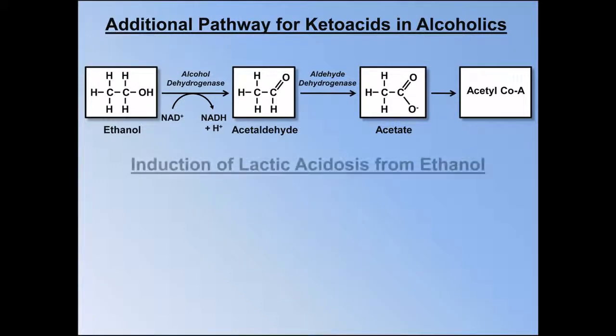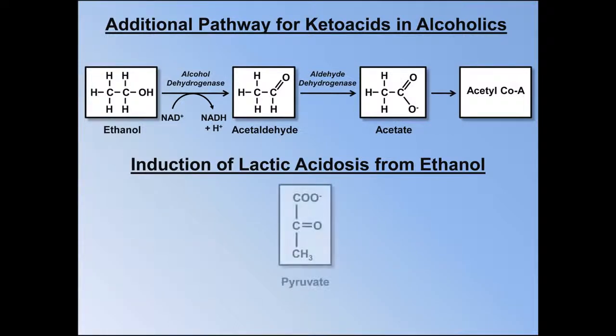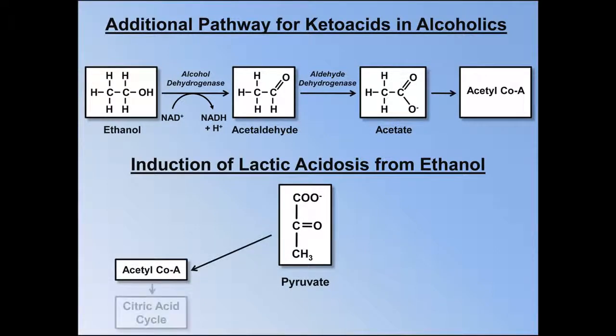There is an important connection here between ketoacidosis and lactic acidosis, which increases the propensity for alcoholics to develop the latter diagnosis. The connection concerns the possible fates of pyruvate. Pyruvate can either be oxidized to form acetyl-CoA, which will either enter the citric acid cycle or be converted to ketoacids.